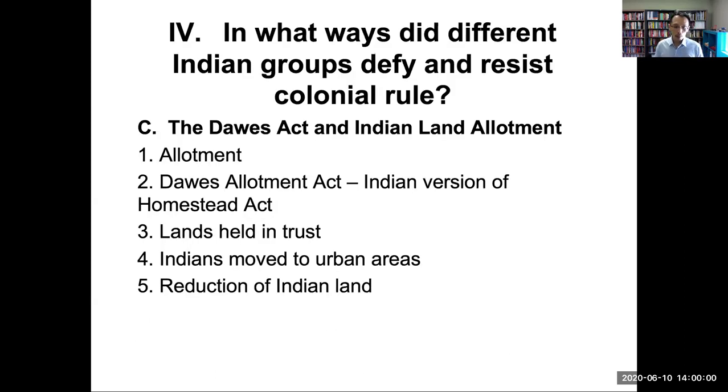Finally, perhaps one of the most vital parts of this assimilation effort, and no less violent, I should add, is land reform. Okay, so most Indian belief structures did not allow for the concept of individual land ownership, right? Rather, in Indian culture, land was available for all to use and in some ways required the responsibility of all to protect the land.